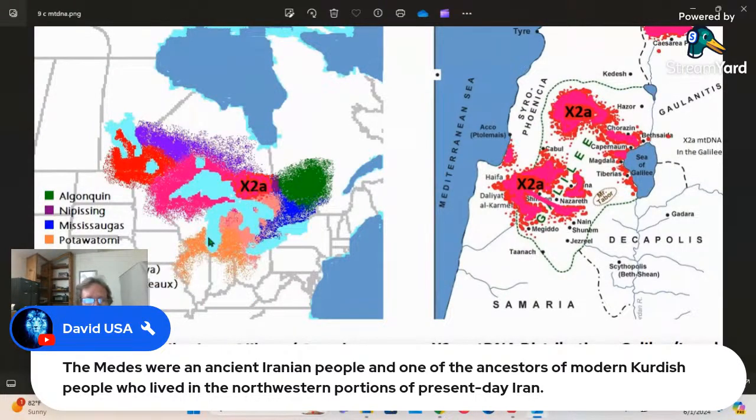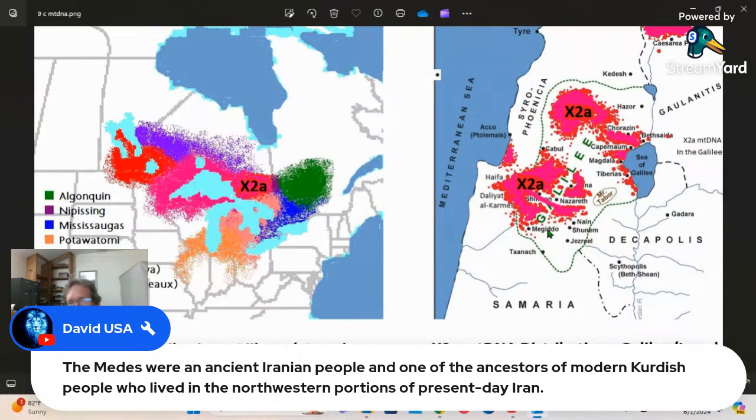You have the X2A in all of these tribes here: Ojibwe in Canada, Algonquin, Mississippi, Mississauga, Potawatomi, Odawa, Chippewa, and Oji Cree. All these tribes have the X2A. These are all color-coded for the different tribes that have the X2A.